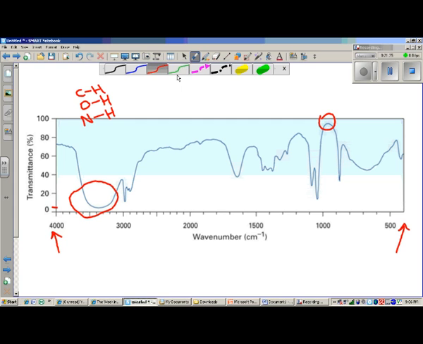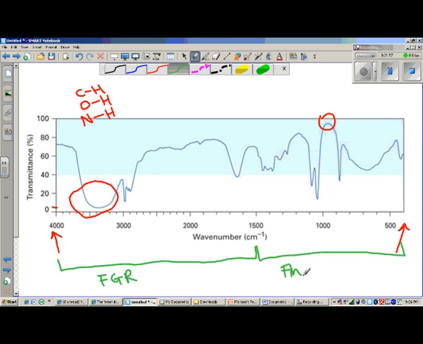In fact, usually for an infrared spectrum, you'll be concerned about the area from 4,000 to about 1,500 wave numbers. This is called the functional group region, and below that, from 1,500 down to 0, is known as the fingerprint region.